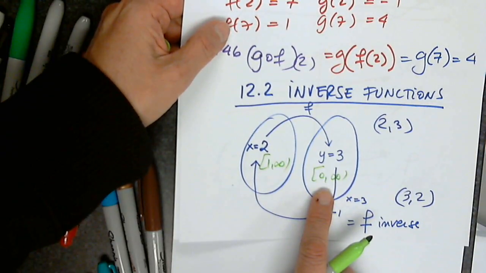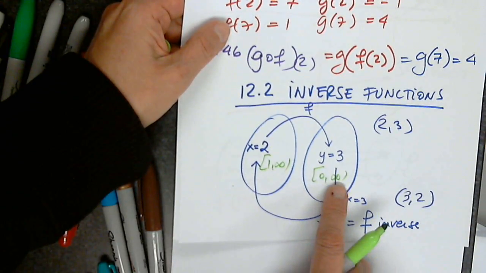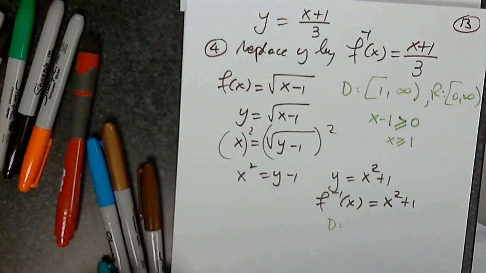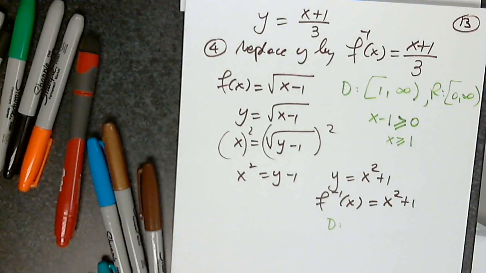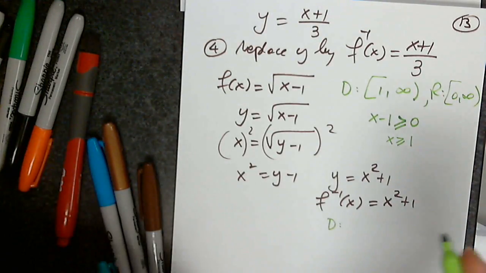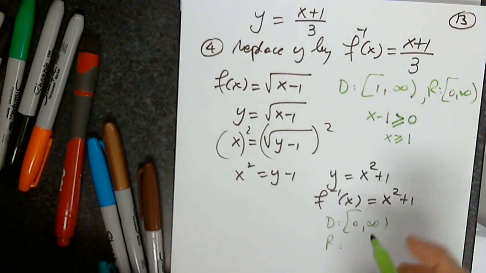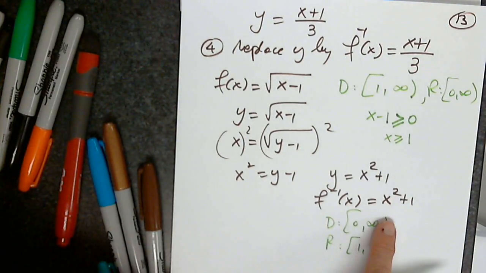That's all I have. And what will be the range of f inverse? 1 to infinity. So I have to be careful because remember x squared plus 1 is this, up 1. But this is not one-to-one. Right. So that's why the domain must be only 0 to infinity and the range is 1 to infinity. So how will this look like?